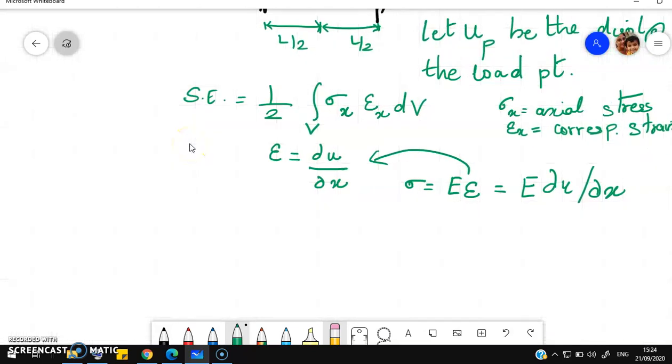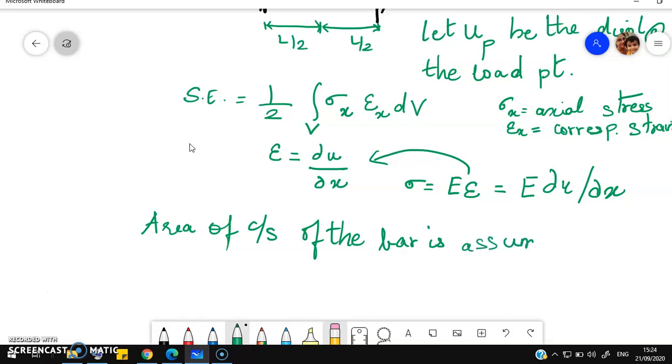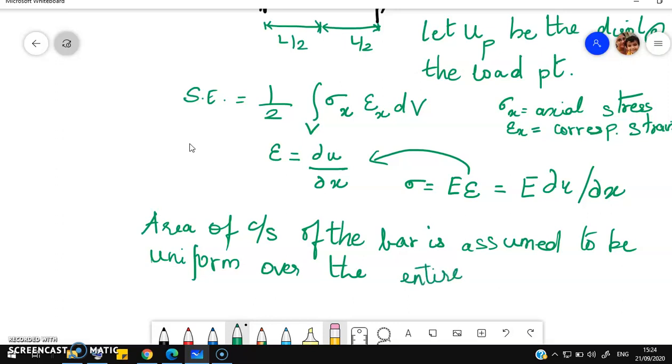The area of cross section of the bar, nothing is given to us, so we are going to assume that it is uniform over the entire length L.